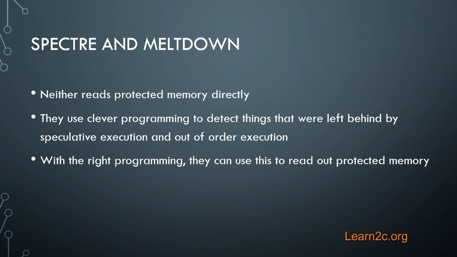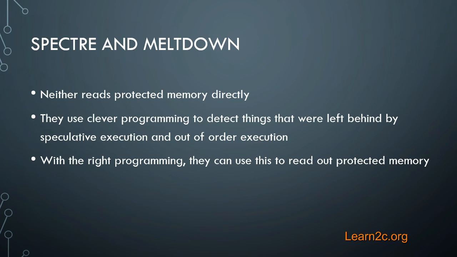But if the CPU guesses wrong, as in the SPECTRE exploit, and it has to back out of the execution, or in MELTDOWN, where an errant instruction causes the CPU to stop processing for a moment because something's been done wrong, when it backs out of that situation, the CPU leaves behind some little side effects, and it's possible for clever programs to detect those side effects.